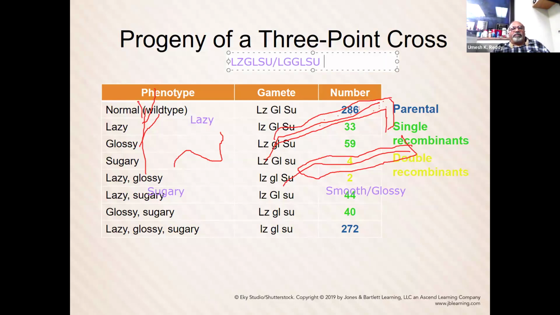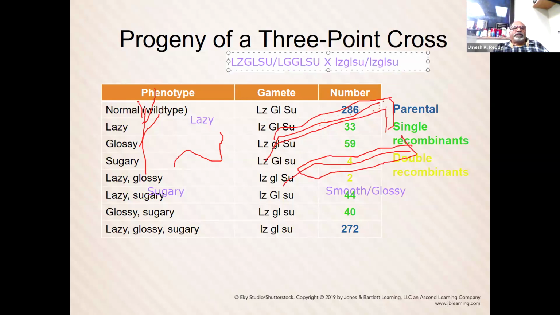This is a dominant plant. It's a normal looking maize plant. If this is crossed with a plant which is completely lazy, completely glassy, in the sense recessive for all three traits, lazy, glassy, sugary. So what has happened here?